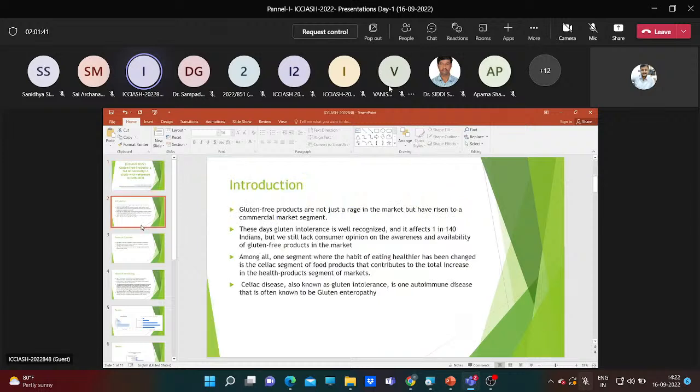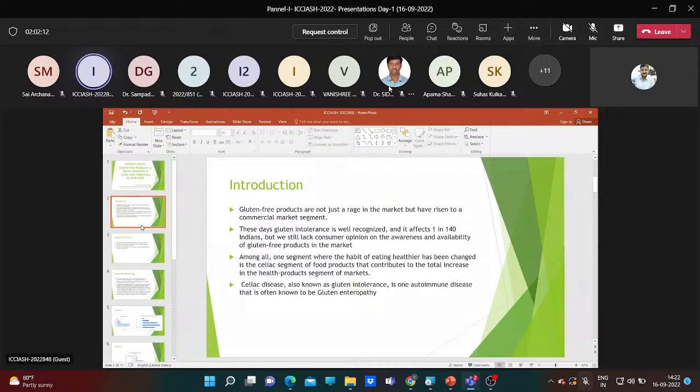The gluten-free products market is segmented. The gluten-free market size was predicted to be 4.3 billion in the year 2019, and it is expected to grow to 7.5 billion by the year 2027. This huge surge is due to the gluten intolerance population in the Indian community, for example, 1 in 140 Indians is suffering from gluten intolerance.